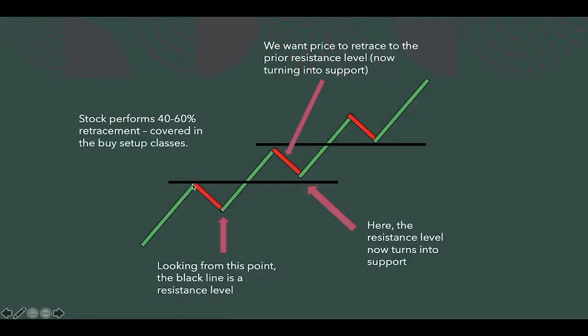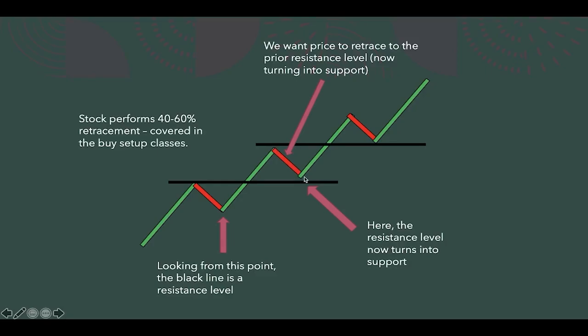That high, the previous rally high right here, is now going to serve as resistance, right? So now this is resistance, okay? And then let's say from there we also continue, we have a pullback, right? And then we break the resistance, we continue to rally, okay? And we begin to actually pull back again.